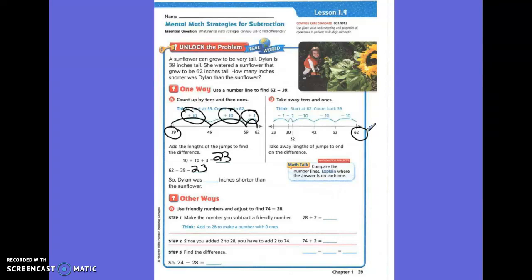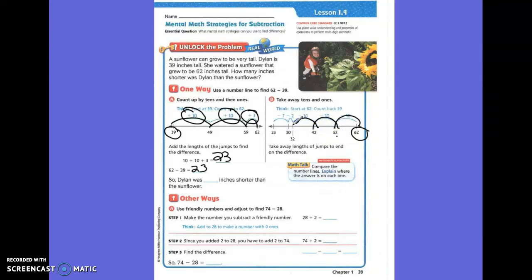So if you want to jump back 39, how many tens are in 39, guys? 3. So you jump back 1 ten, and 62 minus 10 would be, everybody? 52. You jump back another 10, that would be 42. You jump back another 10, that would be 32.